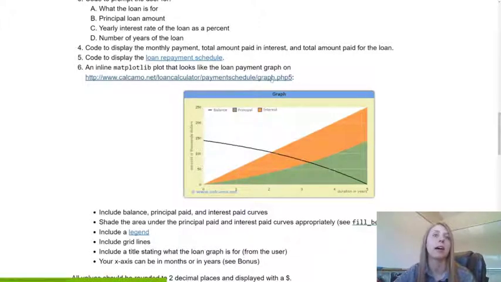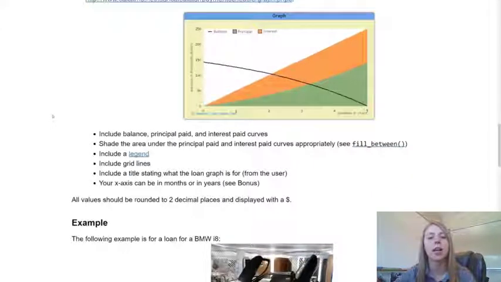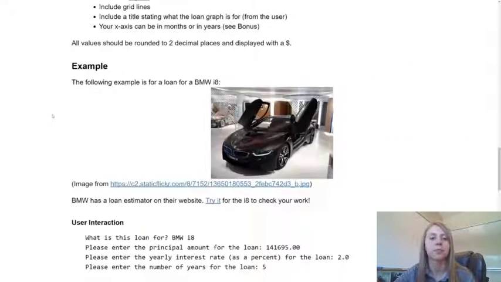So a real loan calculator website. And here are the requirements to include in your graph. So this may seem like a lot. You may not be familiar with some of the financial calculations going on here. That's why I provide an example. So suppose the example is for a BMW i8, a very expensive sports car.